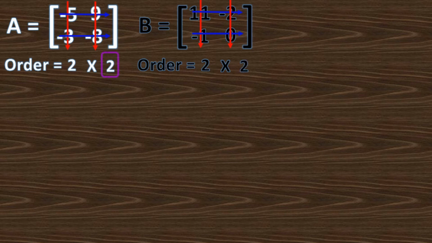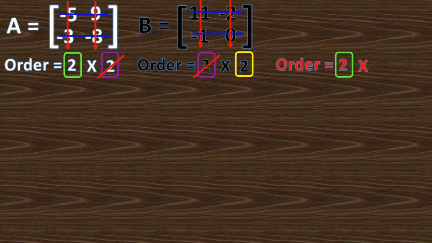Now the column of matrix A and the row of matrix B should match for multiplication. They are matching, so cut them, and the order of the product matrix will be 2 by 2. The green 2 and yellow 2 will meet together and determine the order of the product matrix AB.